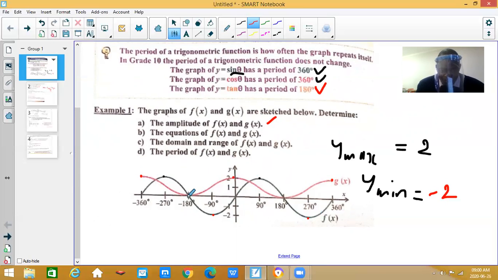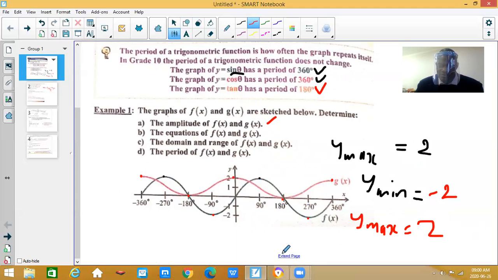Its minimum is here, which is 0, and the minimum here is 0 as well. So for g, its maximum is 2.